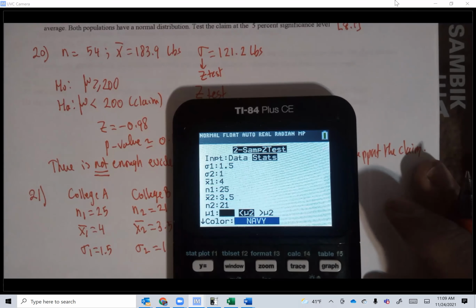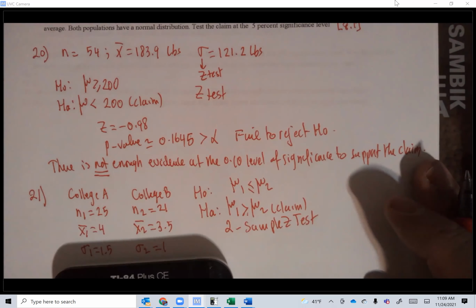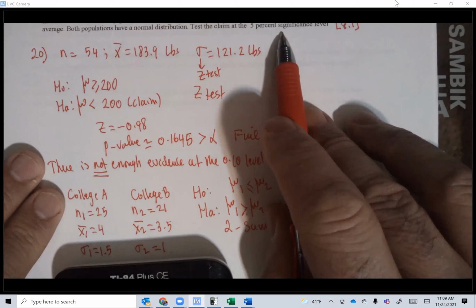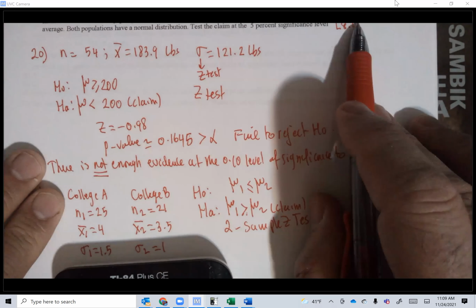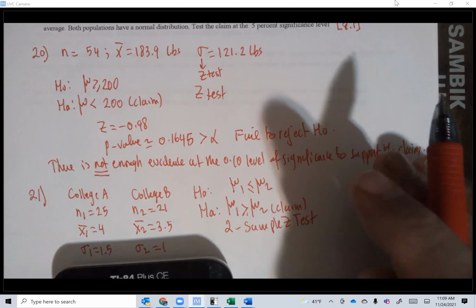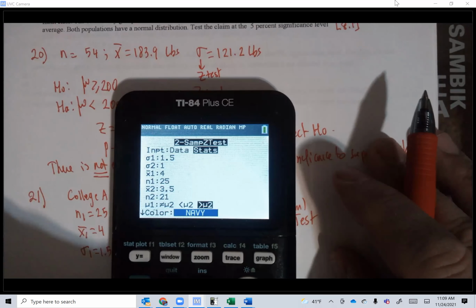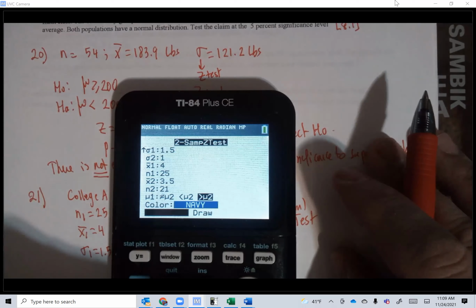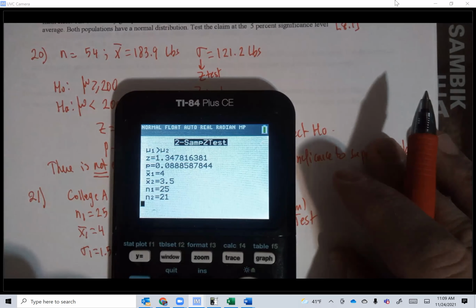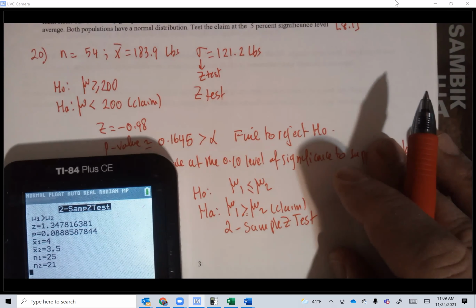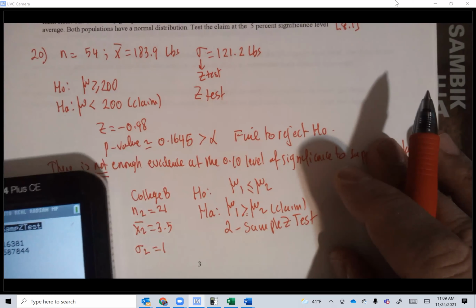And we need more than. Again, guys, if you're asking how did I figure this out, it says college A has taken more math classes than college B. That's how we figured it out. And you want to hit calculate. And okay. Z is 1.34.